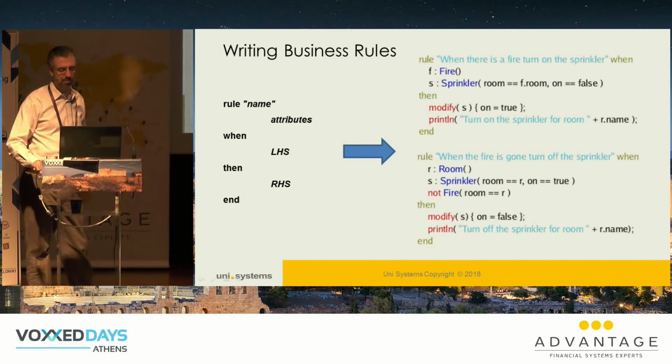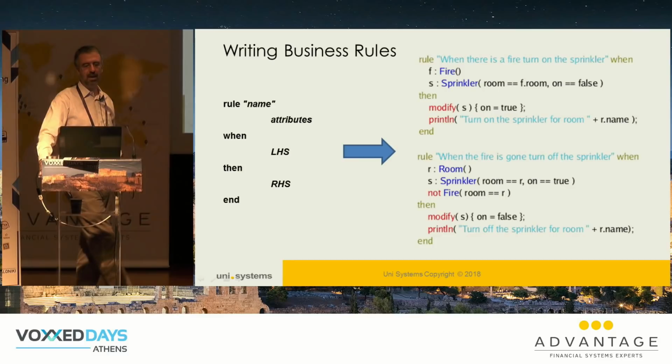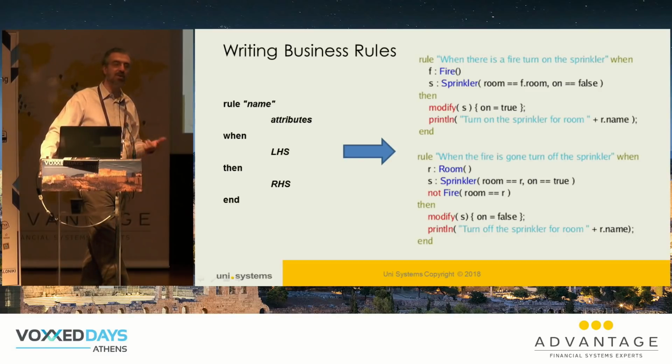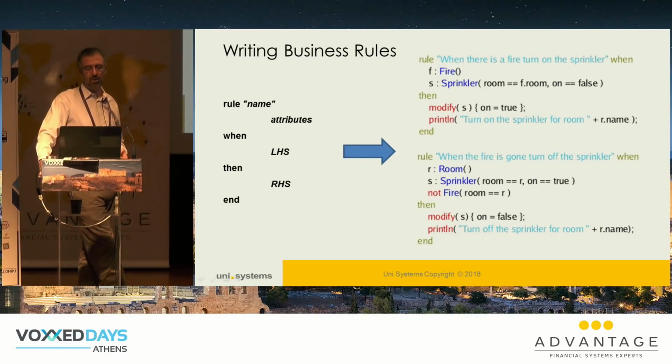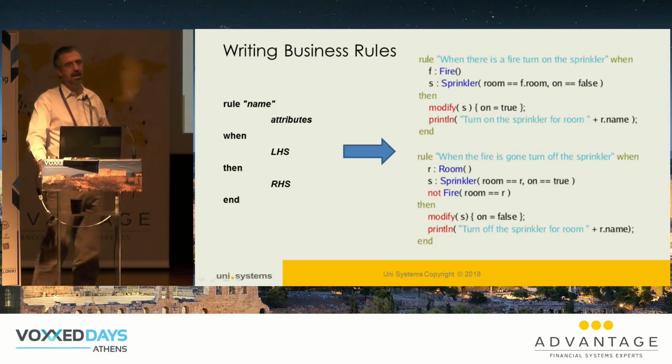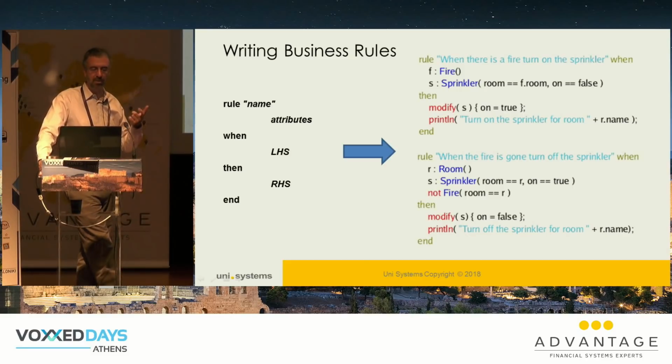To give you an example: when there's a fire, turn on the sprinkler. And also when the fire is gone, turn off the sprinkler. We have two elements here, the fire and the sprinkler, and we operate on the room, on many rooms.